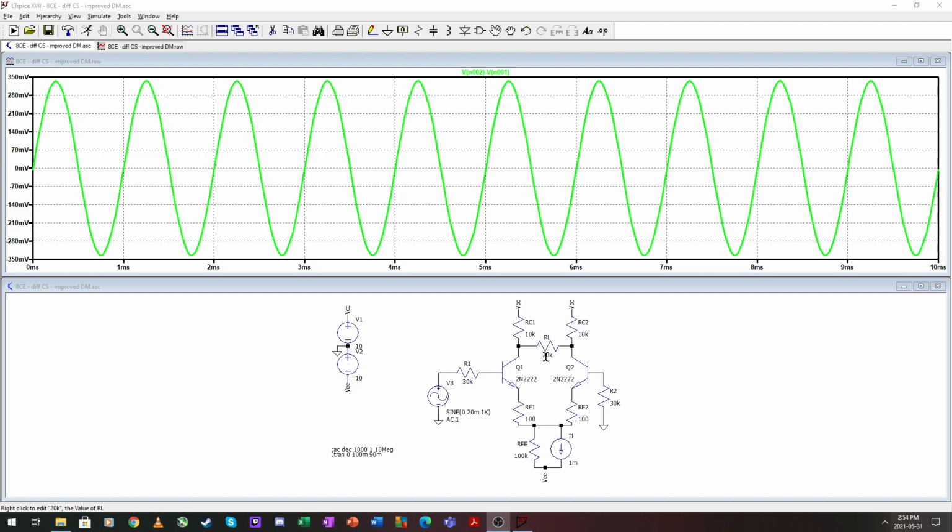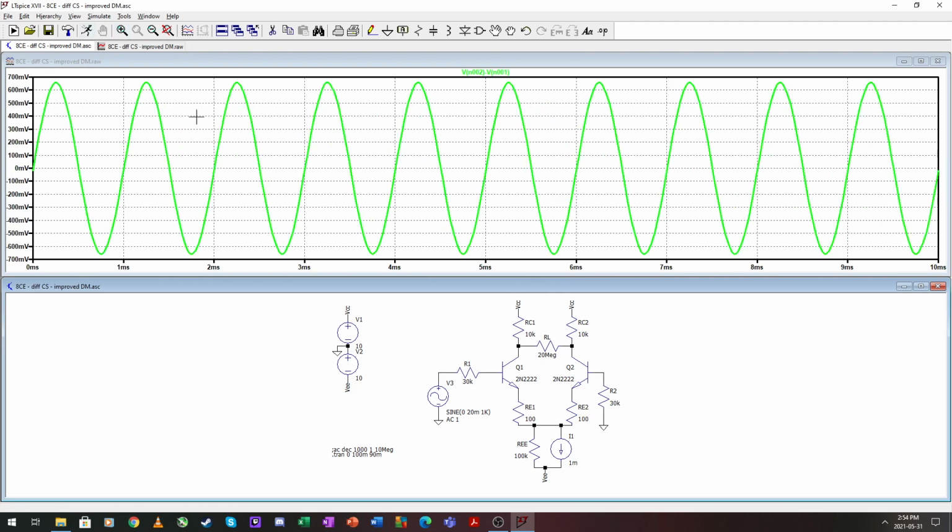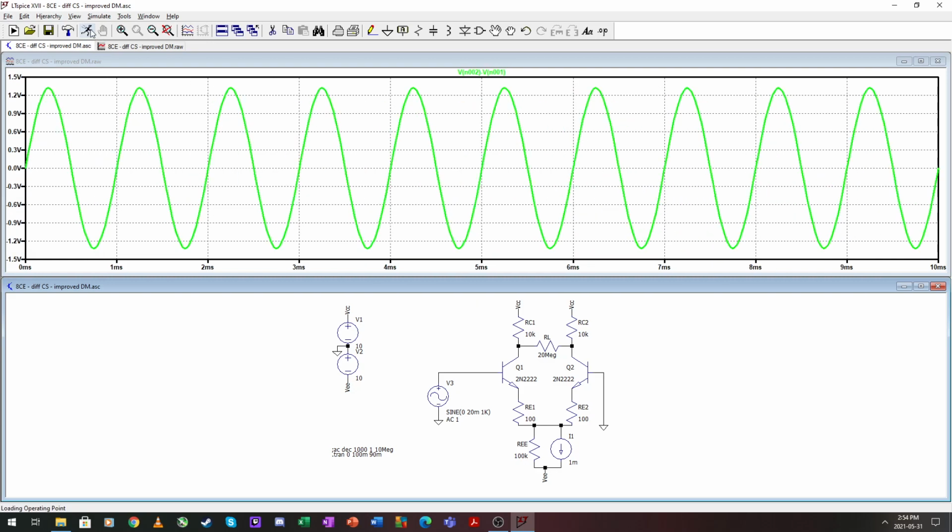So if we make this 20 megs, our output should double. If we get rid of these two resistors, our output should double, and we should see that we are on 67 volts per volt.